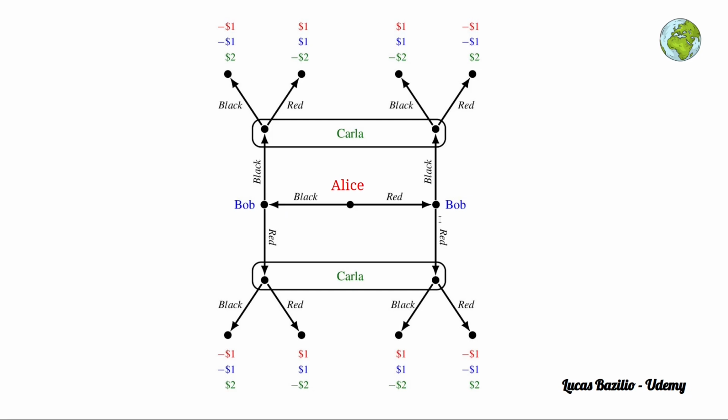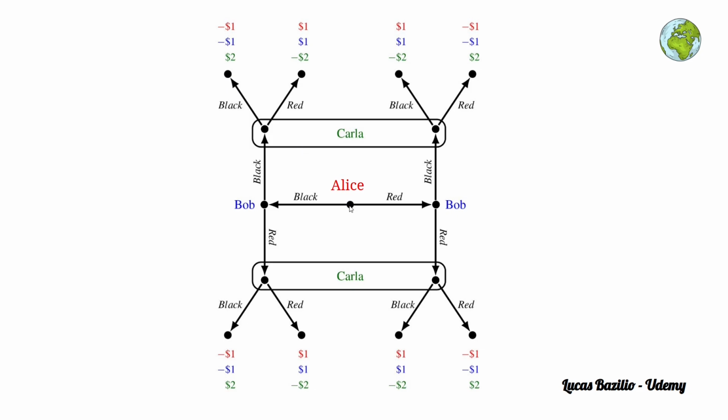Bob's left node represents the situation he is in when he sees that Alice picked a black card, while his right node represents the situation he is in when he sees that Alice picked a red card. Finally, we can also see the utility vectors. Let us just suppose this outcome here.